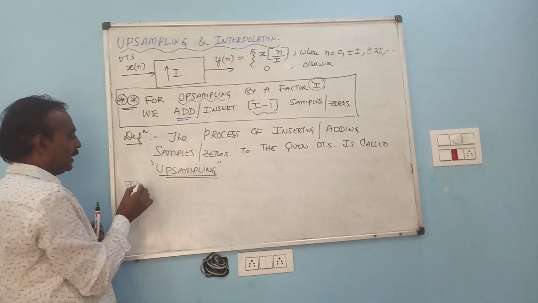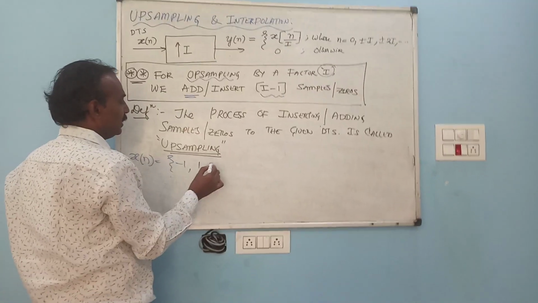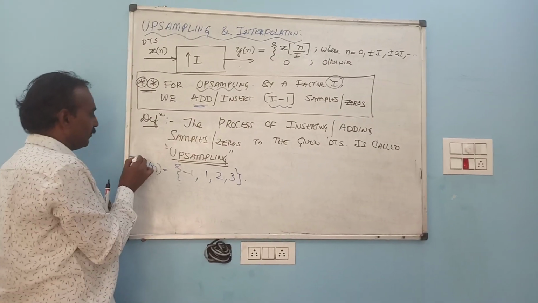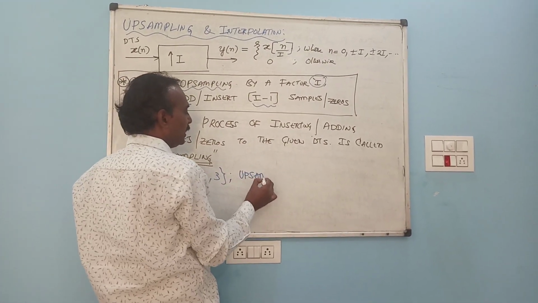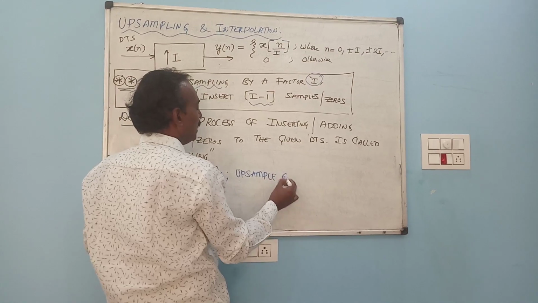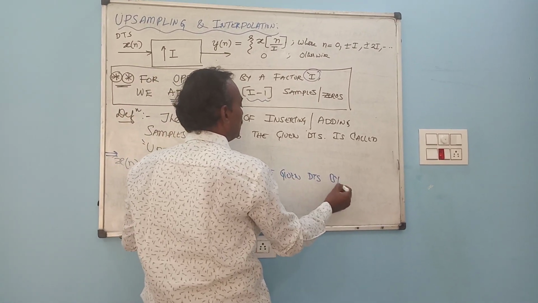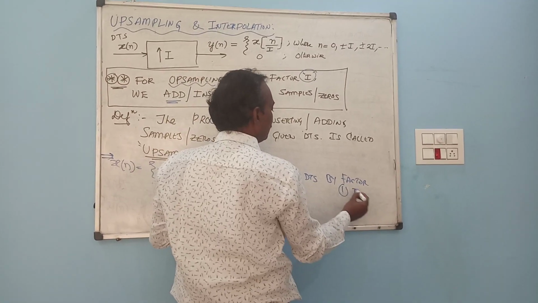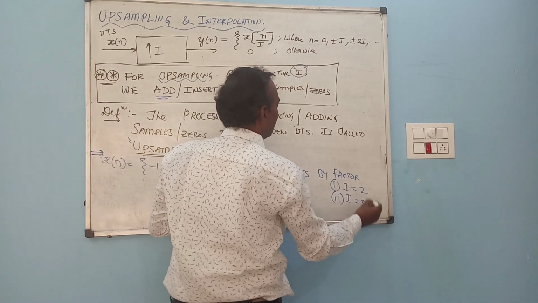Let us consider an example. Suppose x of n is equal to minus 1, 1, 2, 3. This is x of n. Now upsample the given discretized signal by factor I equal to 2, and I equal to 3.